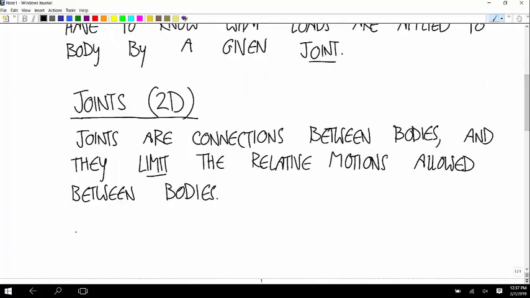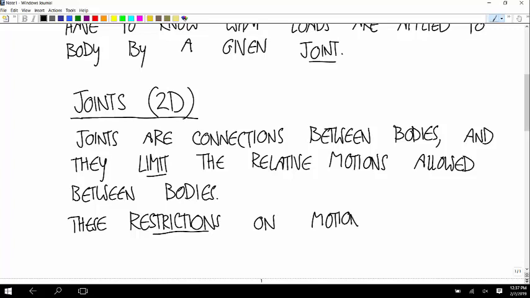And these restrictions on the motions are the key to understanding the loads they apply.